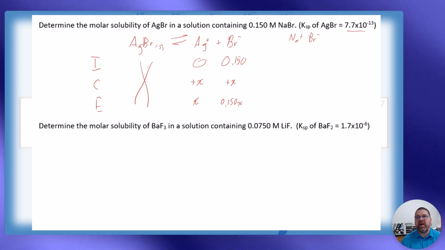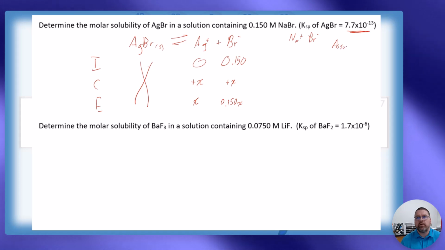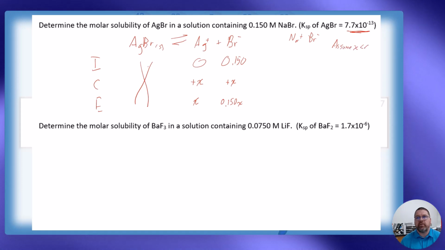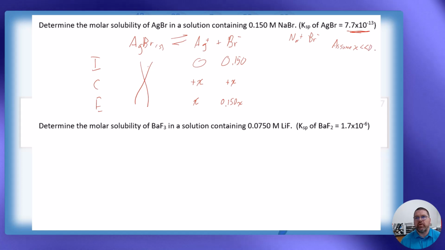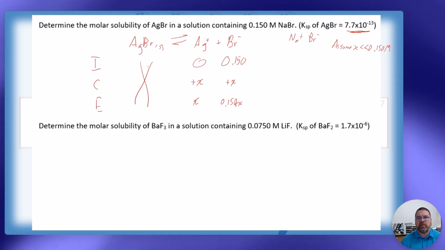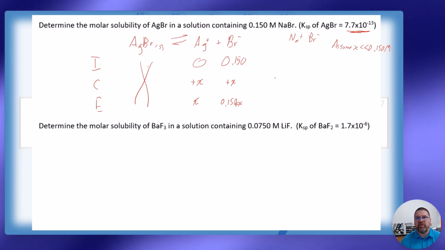Now, because the KSP is so small, we can assume that X is much, much less than 0.150. And so if that's true, that means that we can assume that the concentration of bromide at equilibrium is still going to be 0.150.